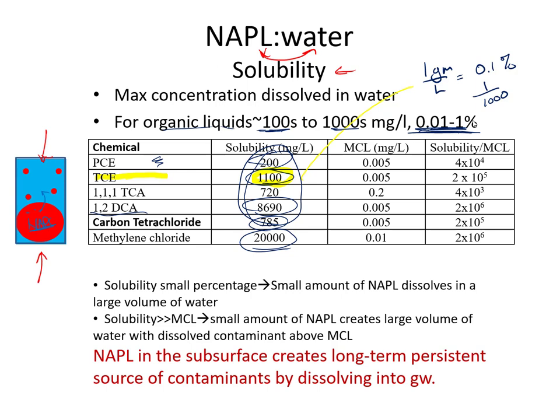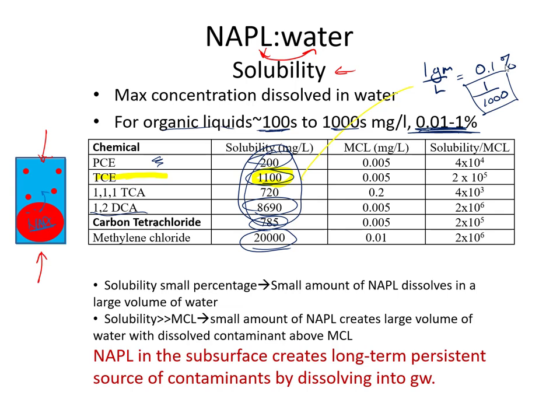And so one of the implications is that if there is some NAPL in the ground and we're trying to dissolve it, it's going to take a lot of water to dissolve a small amount of NAPL. In this case, for TCE, it would take 1,000 liters of water to dissolve 1 liter of TCE at the highest concentration that we could get into the water.